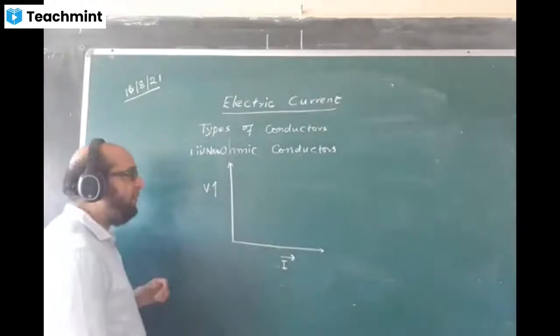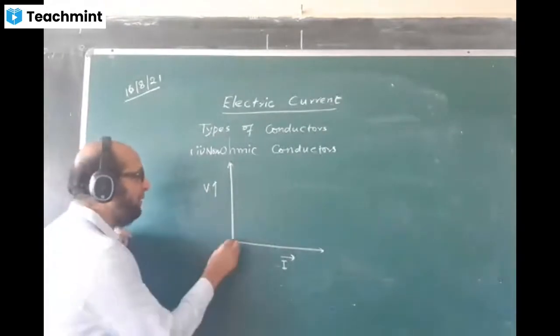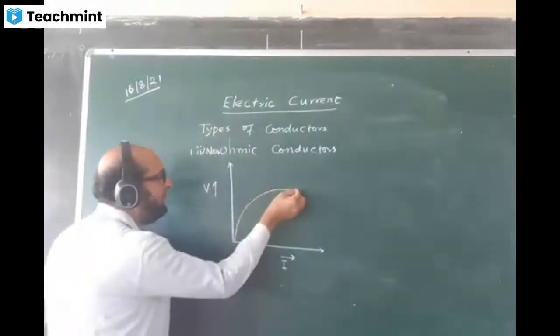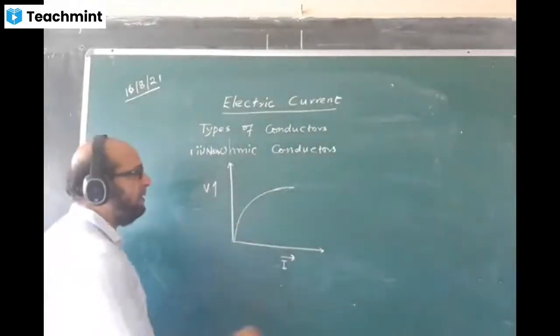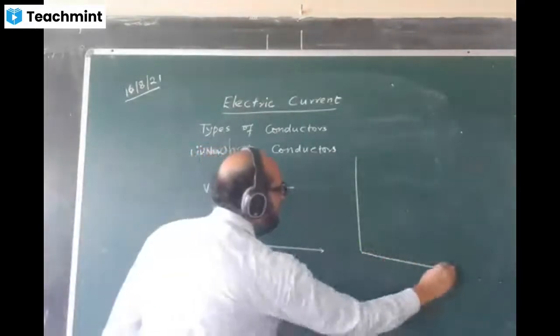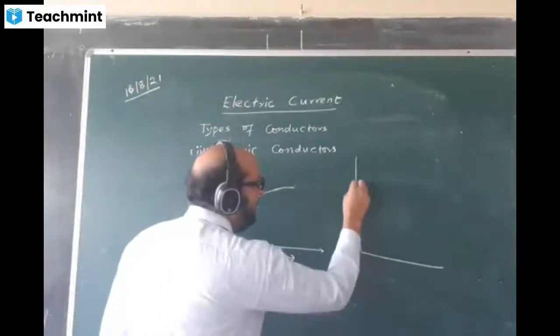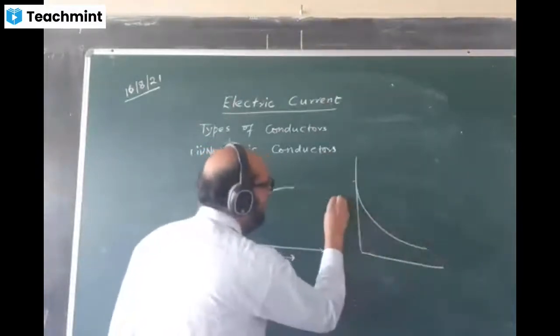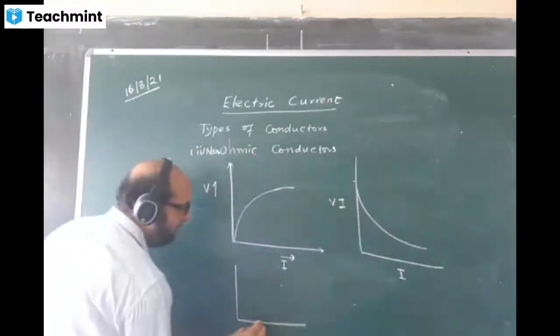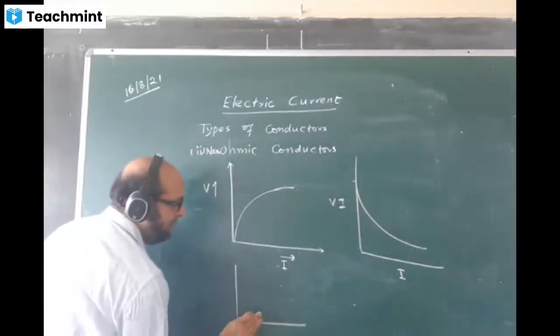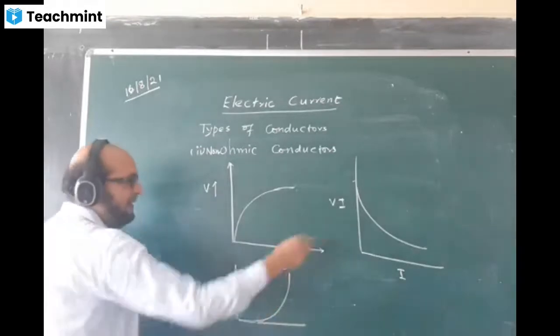The VI graph will not be a straight line, definitely. It will come in the form of a curve, like this kind of curve. Any kind of curve will come, any shape. Like this, it can come. You can draw even like this. This way also it can come.